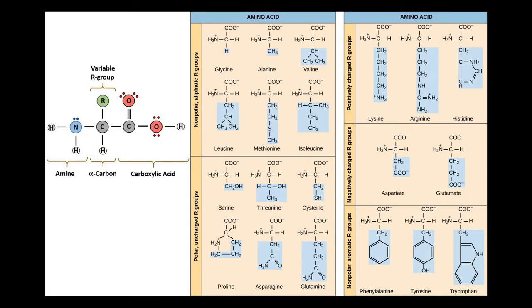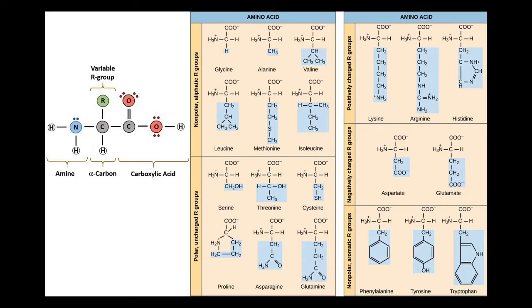The first group considered here is the non-polar aliphatic amino acids that include glycine, alanine, valine, leucine, methionine, and isoleucine. The next group is that of polar uncharged R groups. This includes serine, threonine, cysteine, proline, asparagine, and glutamine.